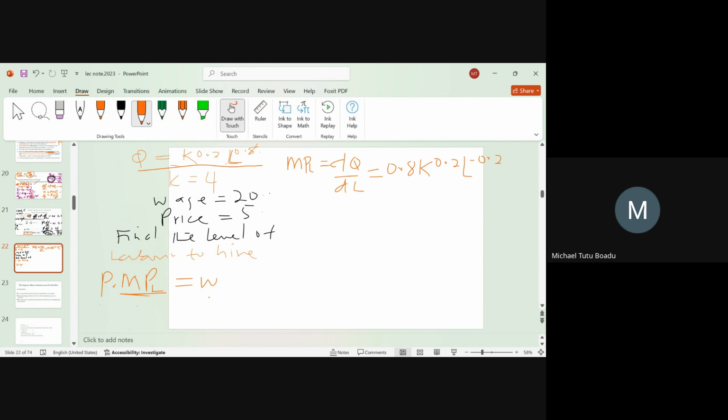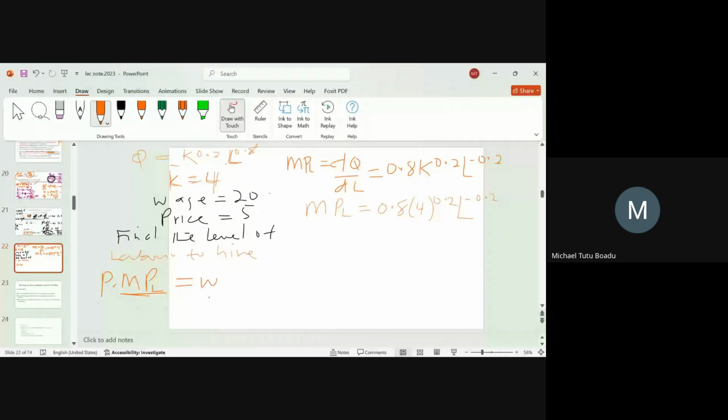This is your marginal product of capital. Sorry, labor. Now the question says that K is fixed at 4, so wherever you see K, you can put 4 there. So MPL is equal to 0.8 times 4 raised to the power 0.2 times L to the power negative 0.2.